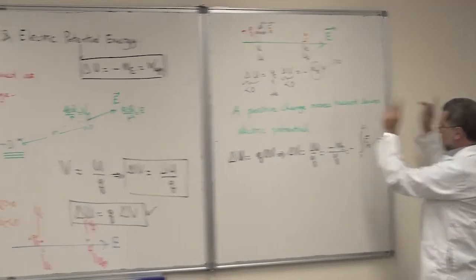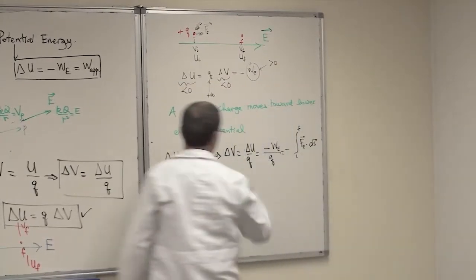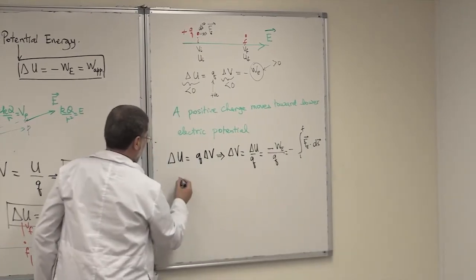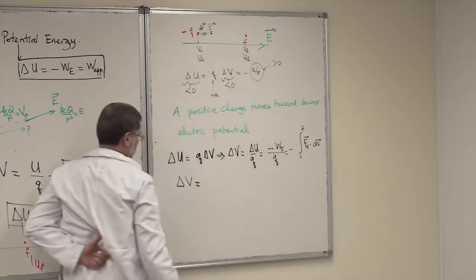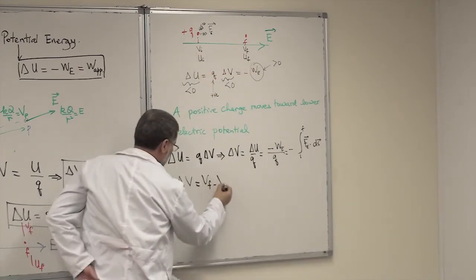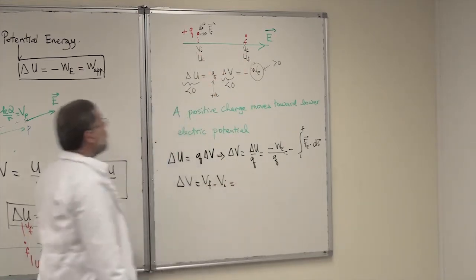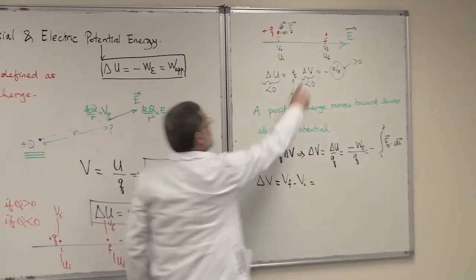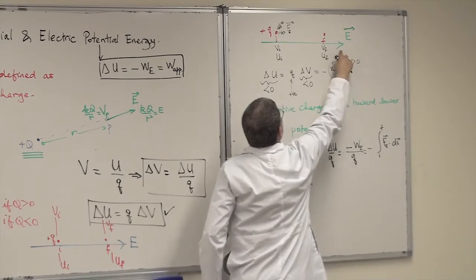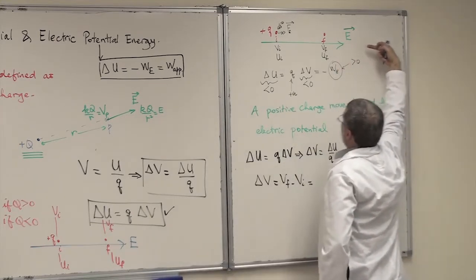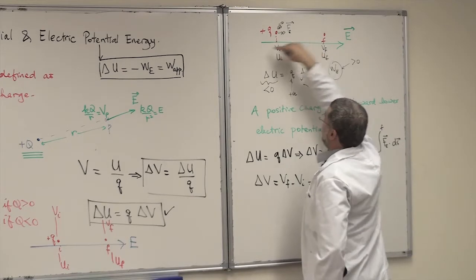So I can remove those things in the arrows. So delta V, the change in potential between this point and this point, which is V final minus V initial, and we know from here it's negative. Potential here is less than potential here. Please remember this. You look at the direction of the electric field. If I reverse the electric field in this direction, the potential here will be less than the potential here.